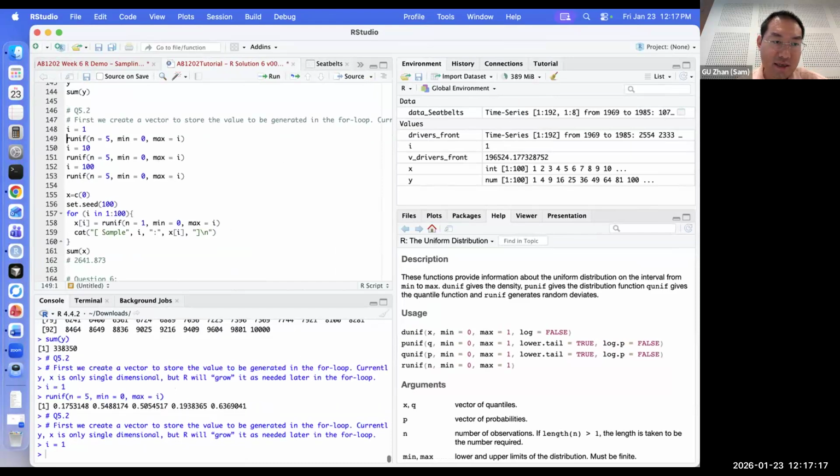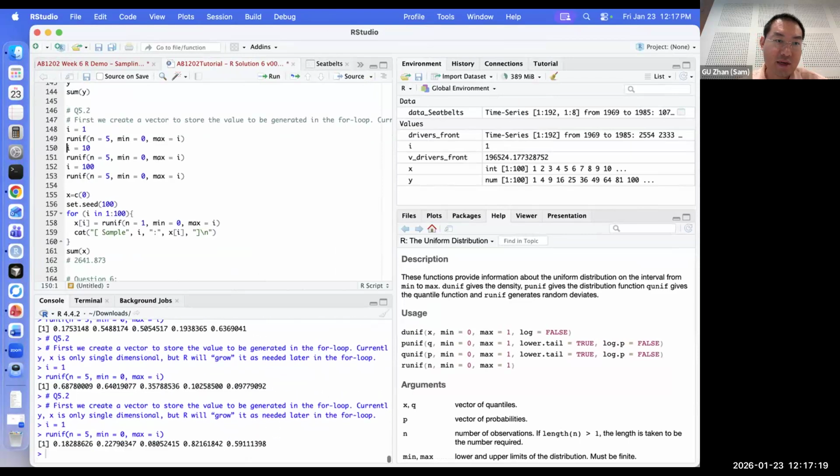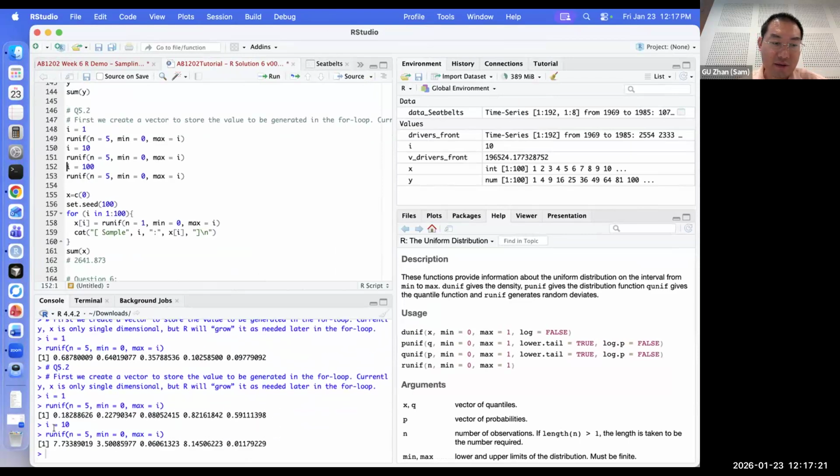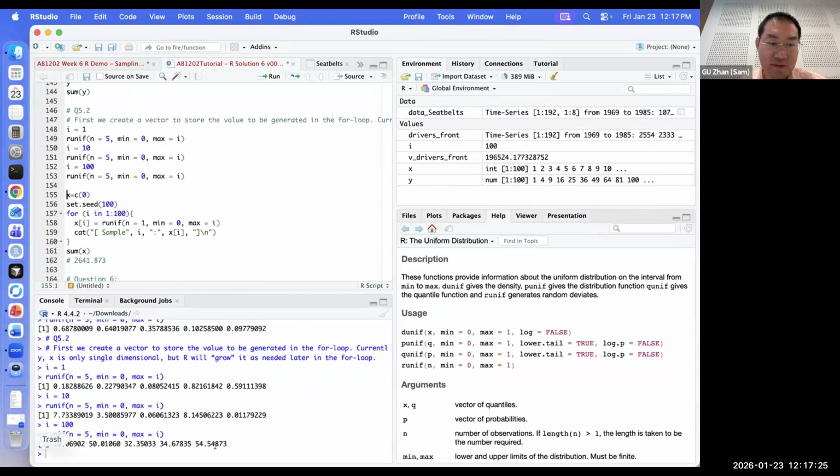You run it again and get a few numbers. When i equals 10, you get 5 values, and you see the values are increasing. When i equals 100, you draw 5 numbers from minimum 0, maximum 100, so you get 5 values.